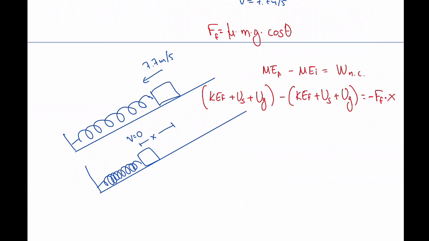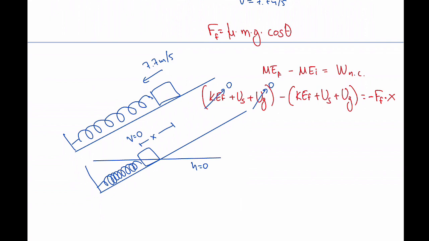Now, the kinetic energy final is 0 because the object comes to rest. If we consider that at that position the height is 0, then the potential energy by gravity also is 0.